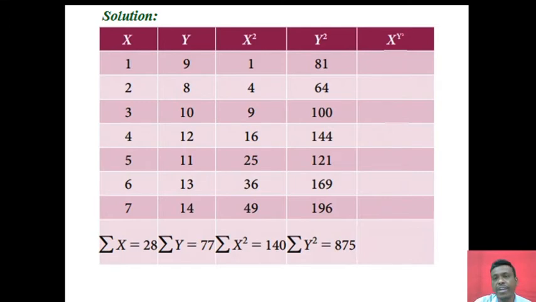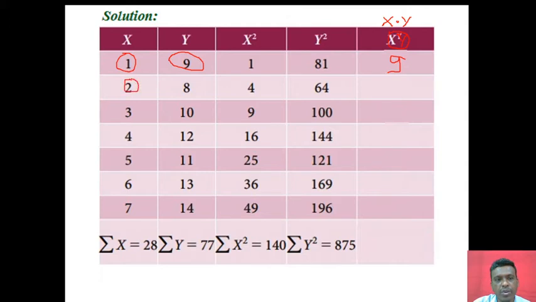Now xy, it is not x raised to y, it is x into y. Just make that correction. Okay, x into y it is. So xy, x is here, y is here, x into y, that is 1 into 9 is 9.